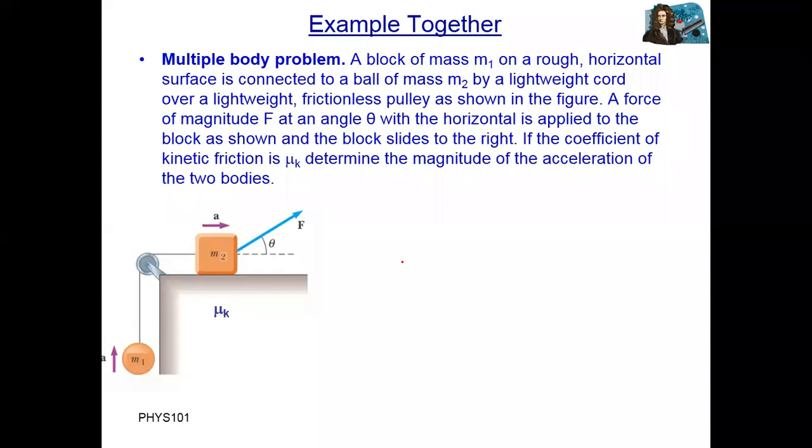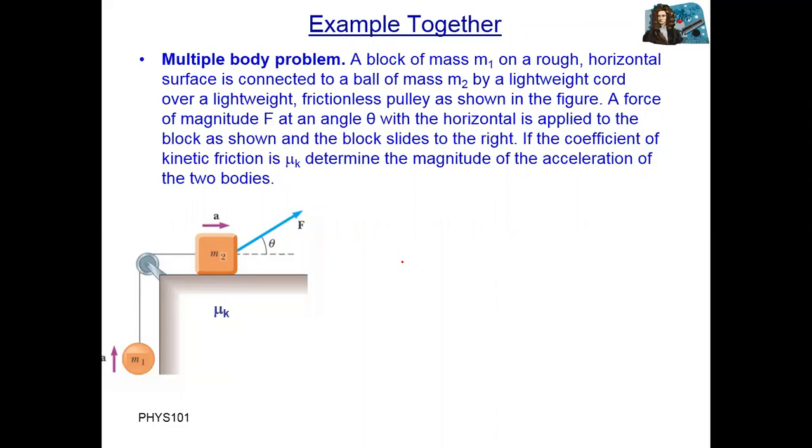Okay, another example, and these are multiple body problems when two bodies are connected by means of a rope or string. If you remember, we discussed such type of example, and we assume that in such type of motion, acceleration remains constant. The acceleration produced in body one and body two is the same in magnitude. The tension produced in these two bodies is the same.